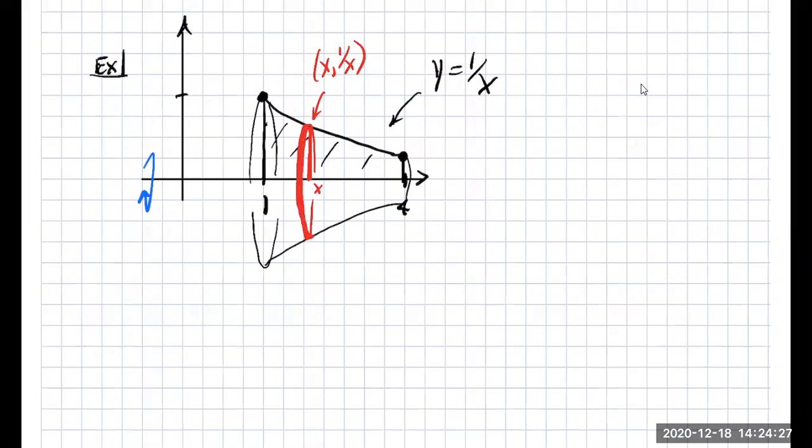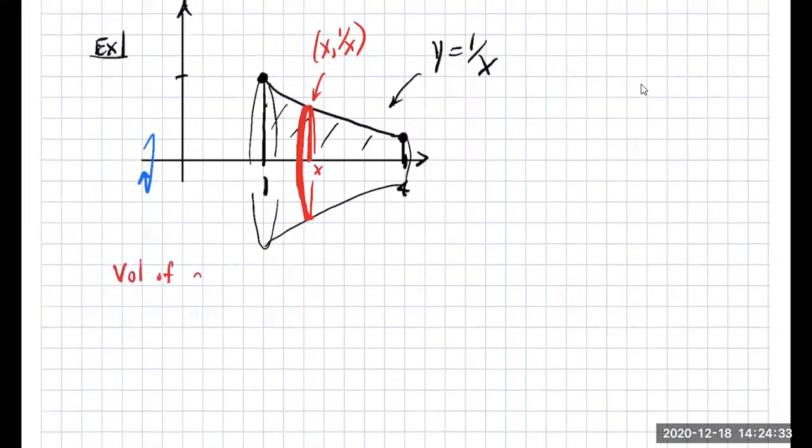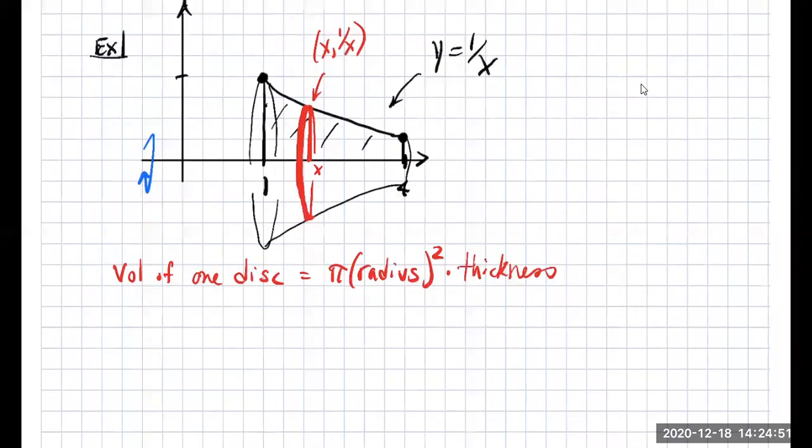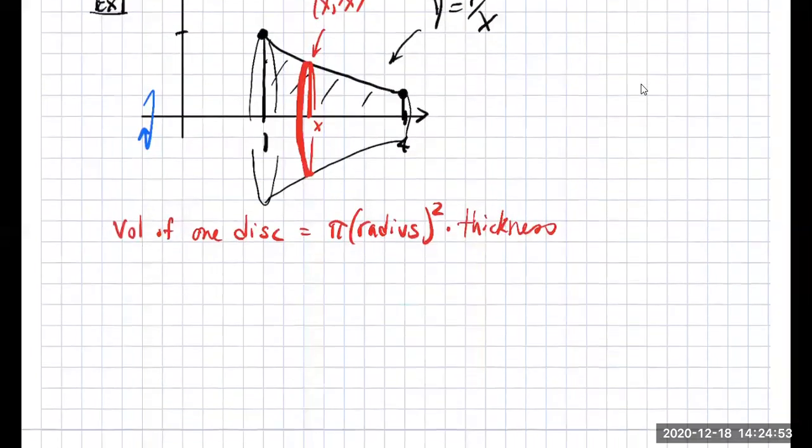Calculate the volume of that one differential volume. So the volume of that one disk is equal to pi times the radius squared times the thickness. Say it in words every time you do these problems, gang. That way you'll never forget that little formula. It's not much, but it's worth remembering.